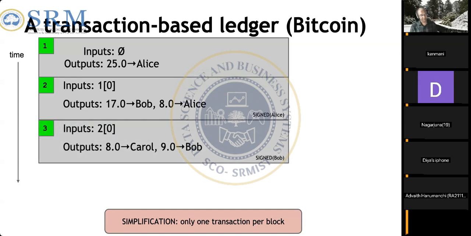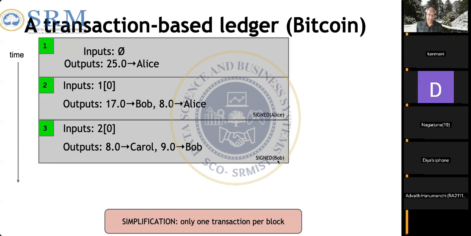And then we have another transaction where the input is 2,0. That means we go back here, and 2,0 is the transaction with ID 2 and the first coin. So this is the coin which was created. So we are inputting the 17 coins received by Bob.